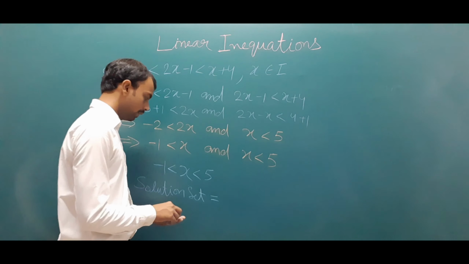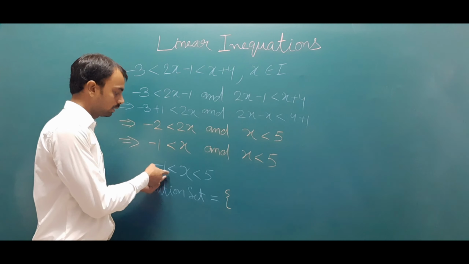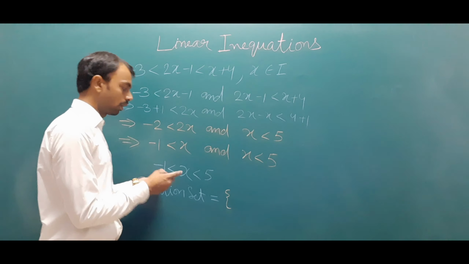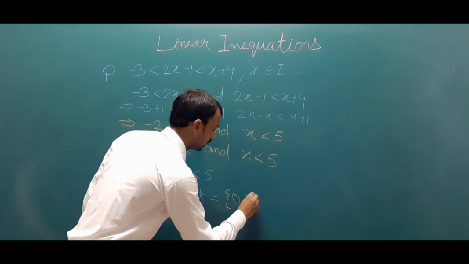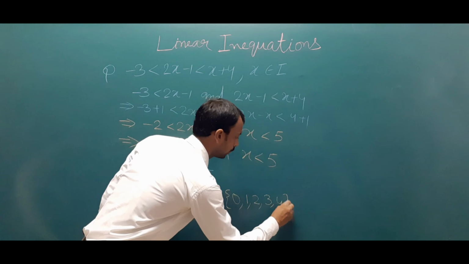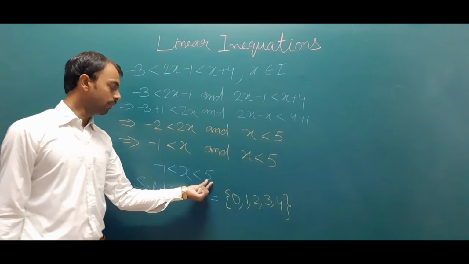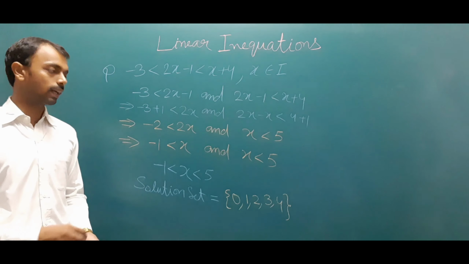Solution set will be from minus 1, means minus 1 is not included, so our value will start from 0. Okay, 0, 1, 2, 3 and up to 4 only, because 5 is not included. x is less than 5, it is not equal to 5.